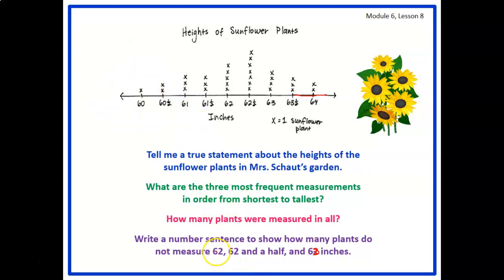So we would have to say 62, they do not equal 62. 62.5, do not. And 63. So we would have to say 1 plus 2 plus 3 plus 3 plus 3 plus 2. And let's see what that's going to be. 1, 2, 3, 4, 5, 6, 7, 8, 9, 10, 11, 12, 13, 14. 14.